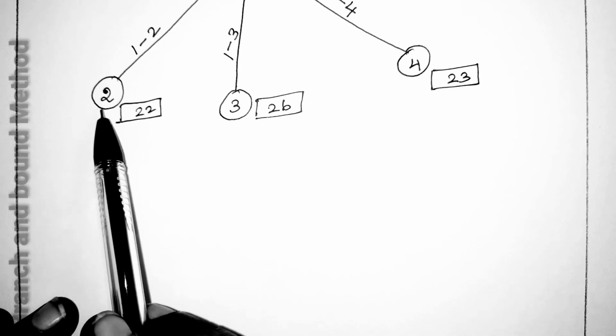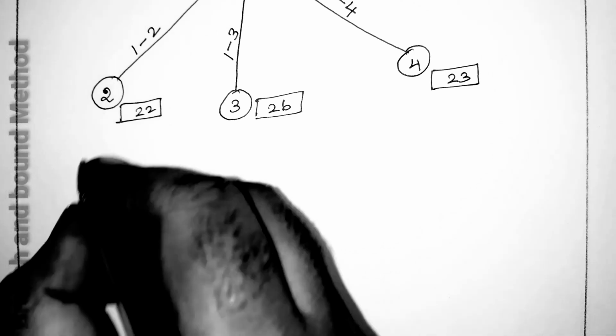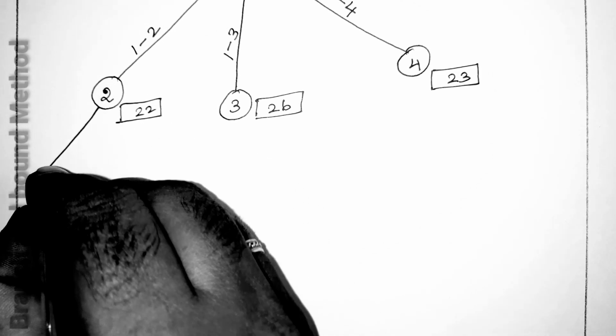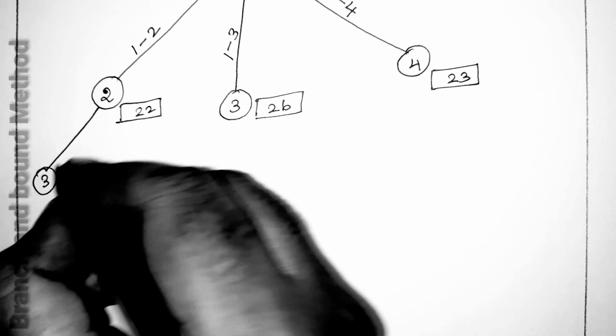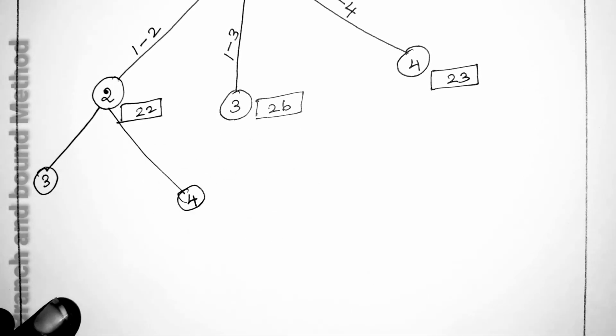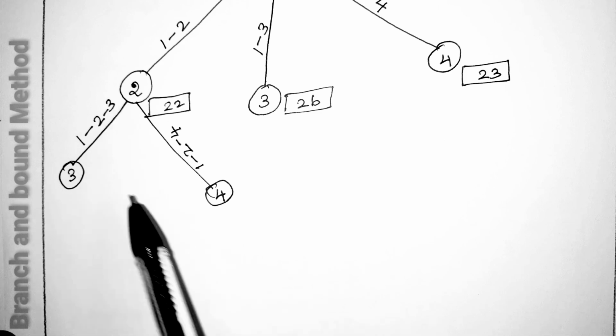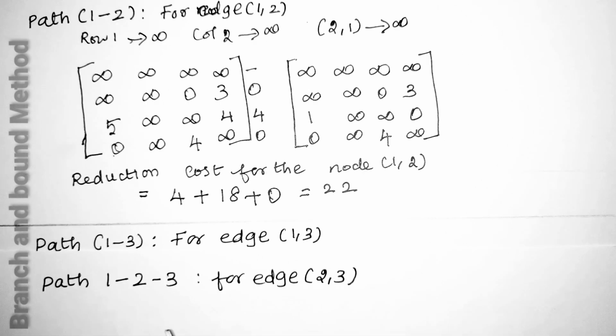For node 2, the next possibilities are 3 and 4. So, you expand. This is 3 and this is 4. We have to find the reduced cost for these two nodes. This is path 1, 2, 3 and this is 1, 2, 4. First we have to find 1, 2, 3, then 1, 2, 4.